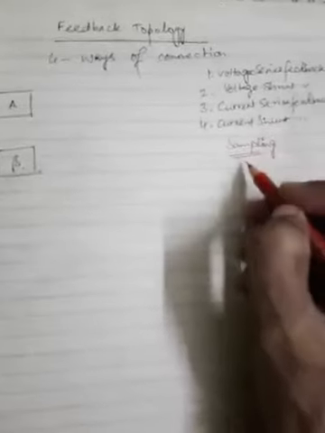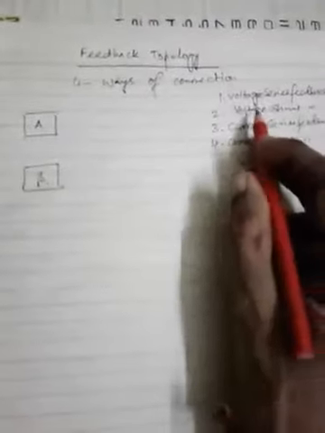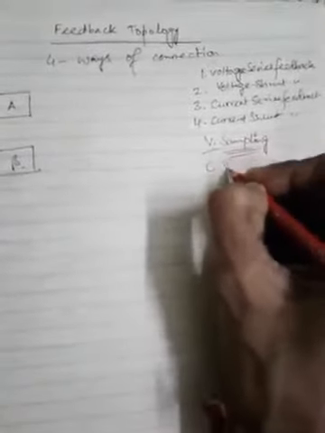That process is called sampling. In other words, it is sampling a portion of the output to feed back into the input, and thereby we use the term sampling for this purpose. So if we tap voltage, it is called voltage sampling. If we tap current, it is called current sampling. So voltage or current may be sampled.